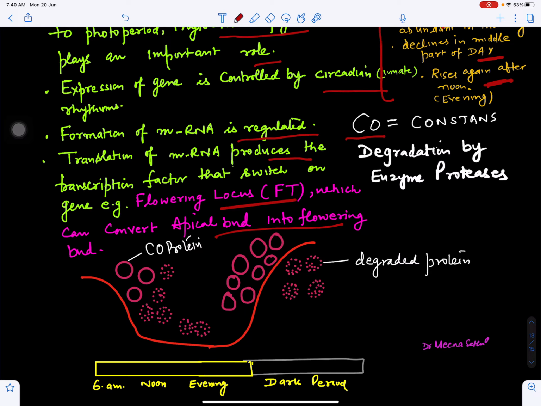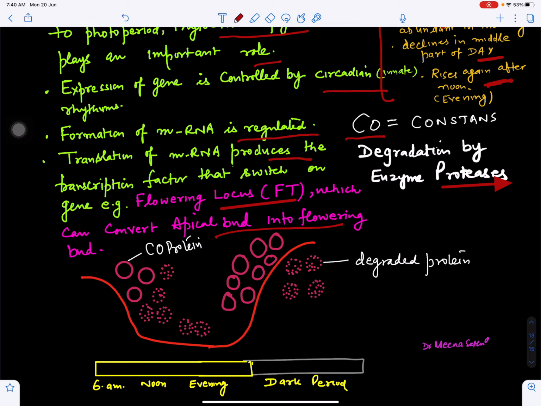So formation of constant protein is important for flowering induction. Arabidopsis is a long day plant, so in the morning constant protein messenger RNA is more, but in the middle part of the day this decreases, and again in the evening this increases. What happens basically is that these constant proteins are degraded by enzymes called proteases. So proteases degrade the constant messenger RNA or constant protein.